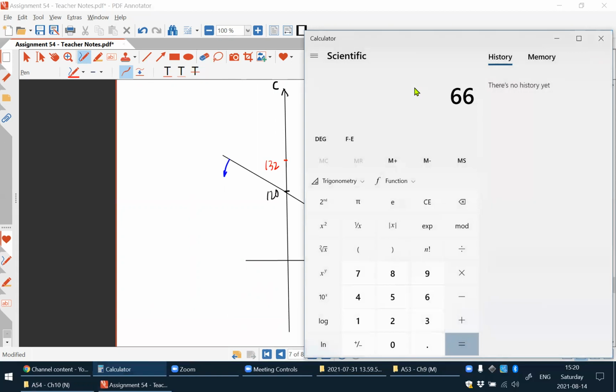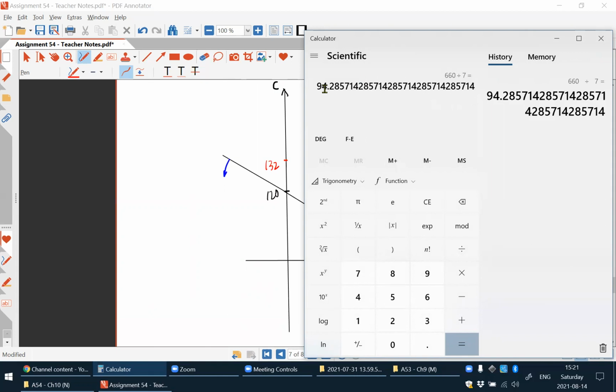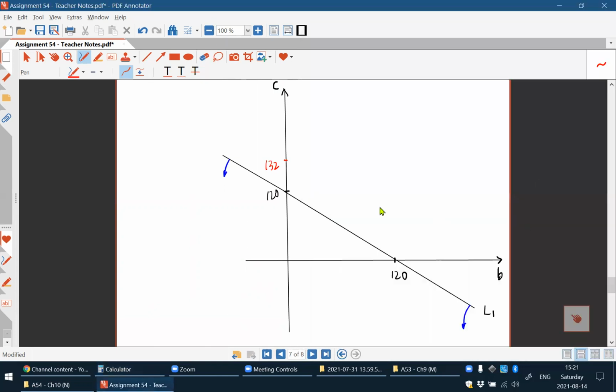So 660 divided by 7 is about 94 something. So it must be to the left of 120. So this is 660 over 7.